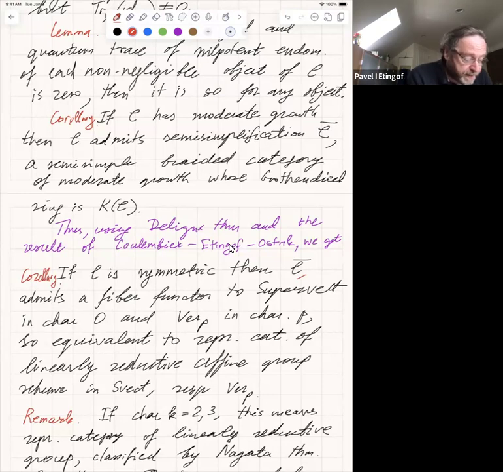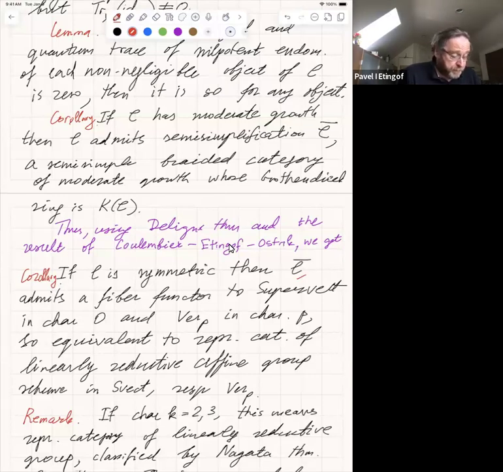Therefore, our category is equivalent to the representation category of a linearly reductive affine group scheme in the category of supervector spaces or Verlinde_p. For supervector spaces, we know exactly what those are. They're just reductive groups and also OSP(1|2n) and products thereof of various sort: semi-direct, direct, and so on.